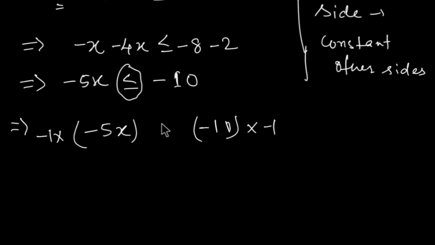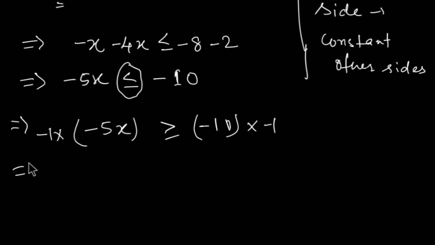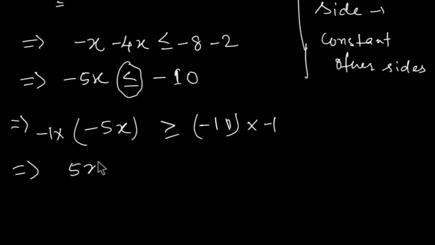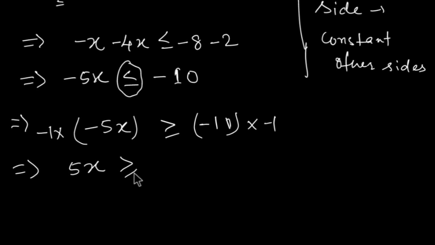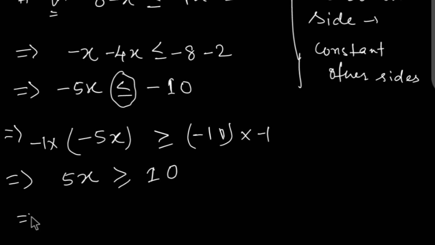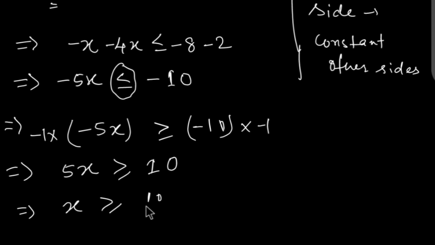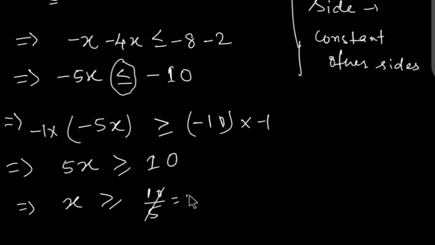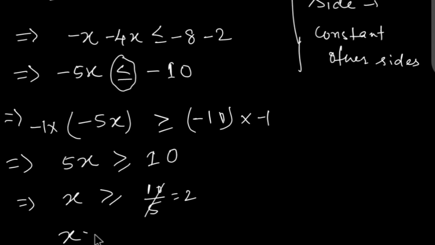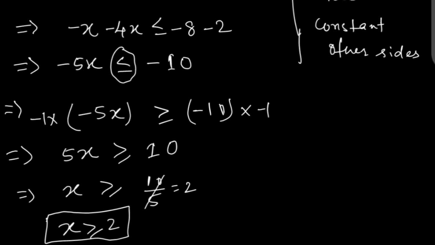So this will become 5x greater than or equal to 10. So what is x? x is greater than or equal to 10 by 5. Now this is 2. So the answer is x greater than or equal to 2.